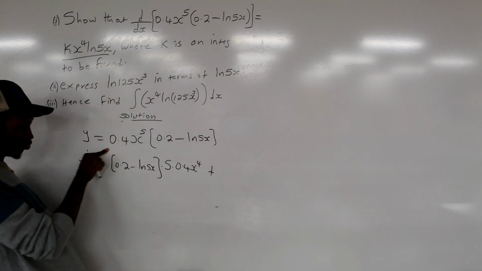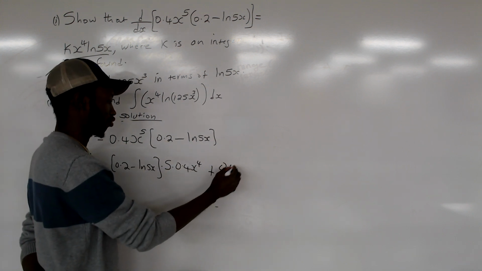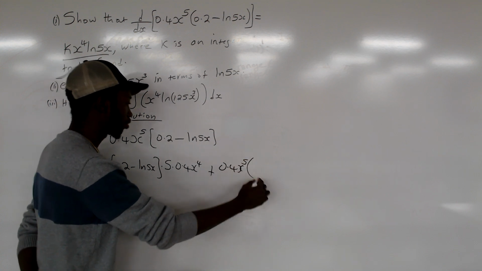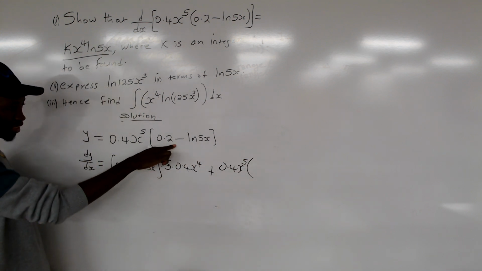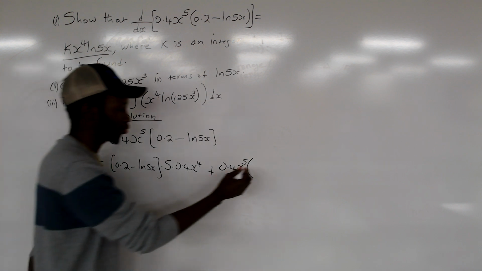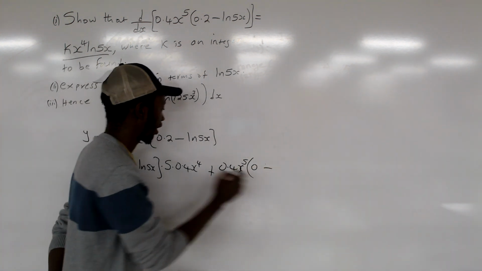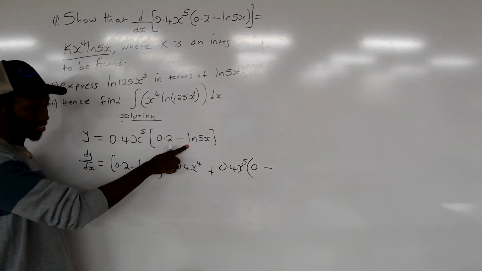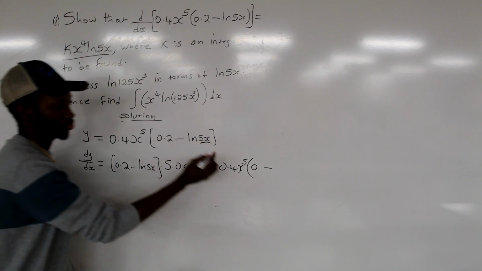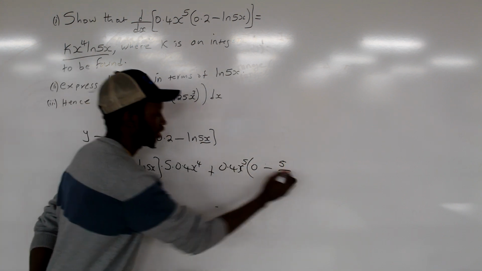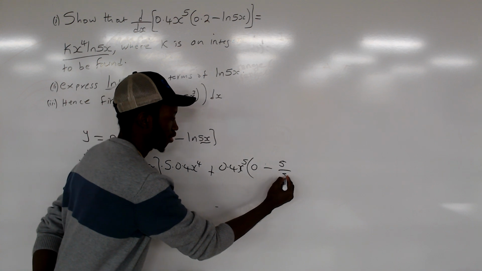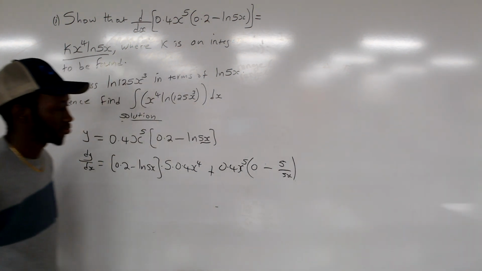The 0.2 is a constant, so you have 0, minus we differentiate ln 5x as I said: differentiate 5x, which is 5, and you maintain the original value, all over 5x. So we are done.